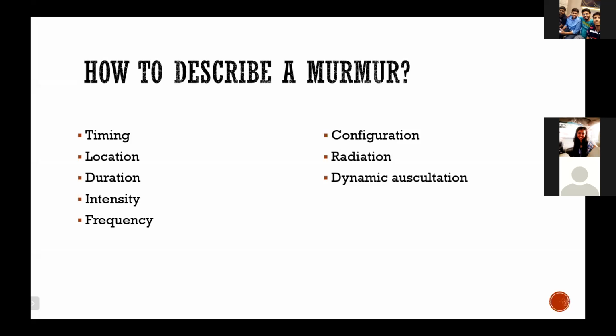The next thing is to identify the location of the murmur, and by location, I mean where the murmur is maximally heard, or heard the loudest over the precordium. Third is the duration. Fourth is the intensity, then frequency.